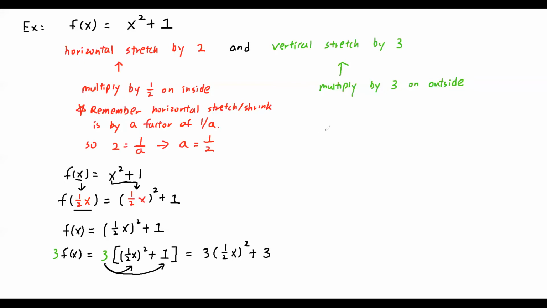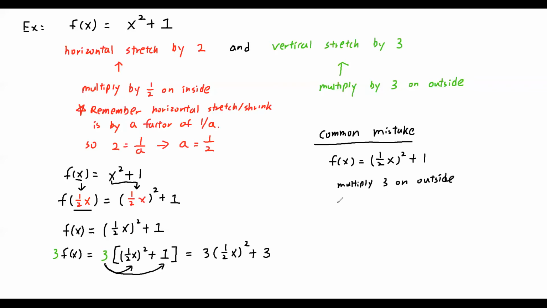So there is a common mistake that people always make. f(x) is equal to 1/2 x² + 1. Multiply 3 on the outside. If you focus too much on the right side, you will end up getting f(x) equal to 3(1/2 x²) + 1.